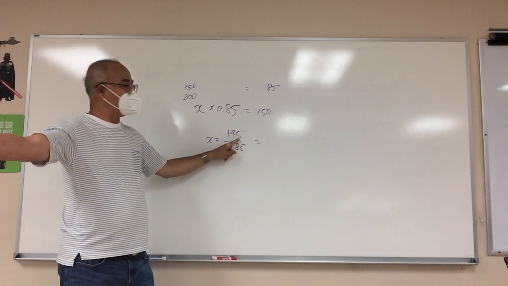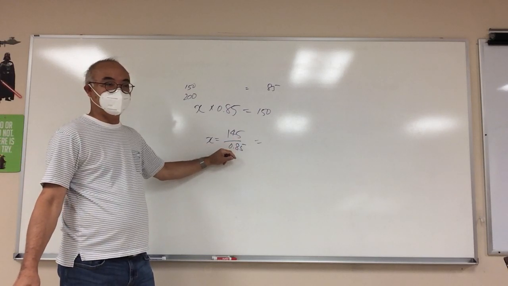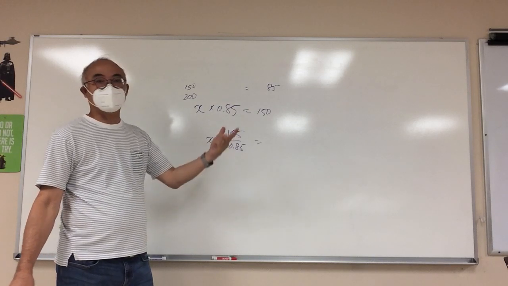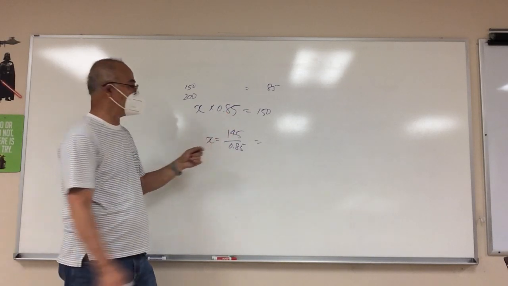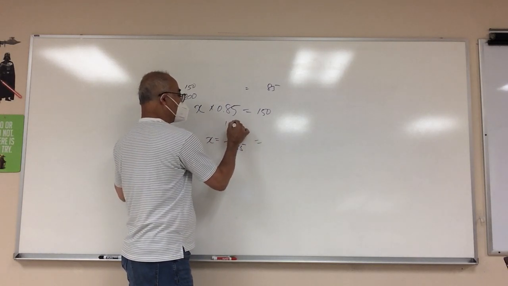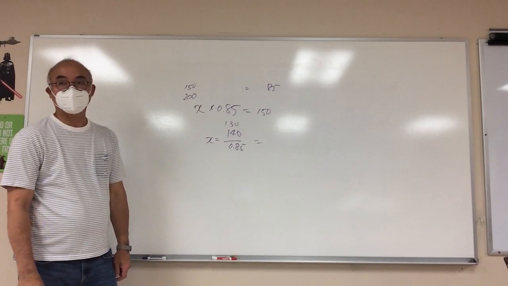Right? What do you get there if you do this? 170.58. Okay, 0.58 something, right? So it's not going to do you. So it's either 140 or 130, right? You want to try 140? Try 140.